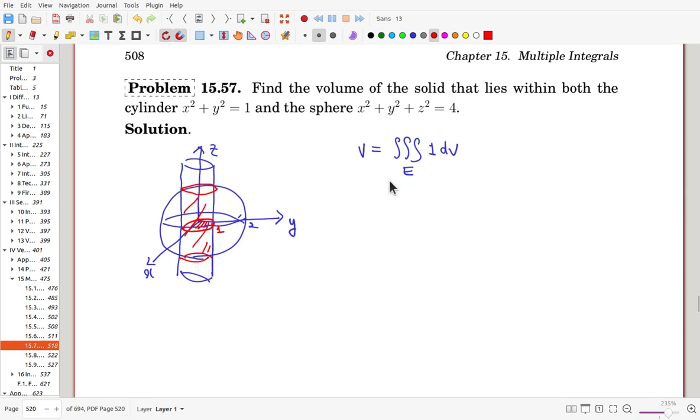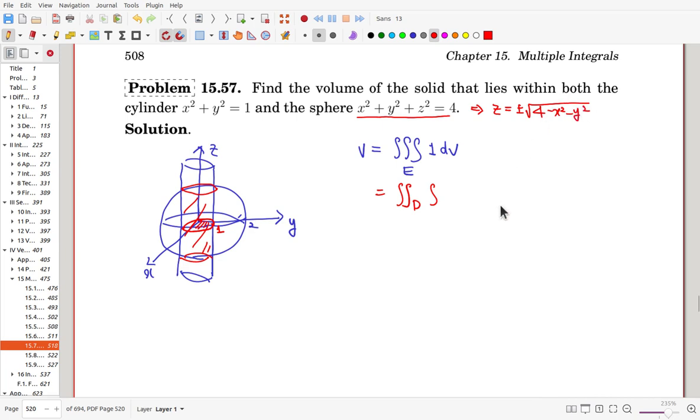That is the same as a double integral over D, and now we have to find the bottom and top in z. That comes from this equation, so z will be plus or minus the square root of 4 minus x squared minus y squared.